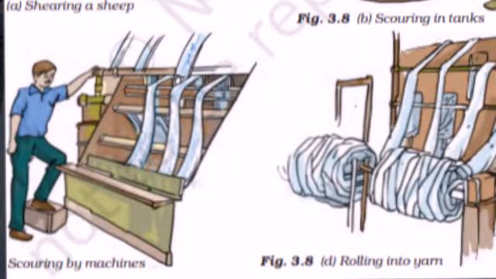After coloring, the fibers are straightened, combed and rolled into yarn. So the longer fibers are made into wool for sweaters, and shorter fibers are spun and woven into woolen cloth. These processes are done by machines in factories, and after that we get the woolen fibers.